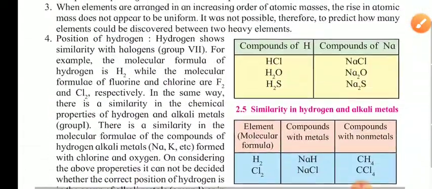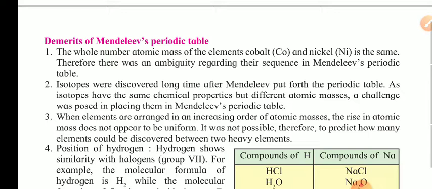In the same way, when we talk about isotopes, they were discovered a long time after Mendeleev put forth the periodic table, because at the time of his classification, isotopes were not known. So when isotopes were discovered, there was no special place for them.